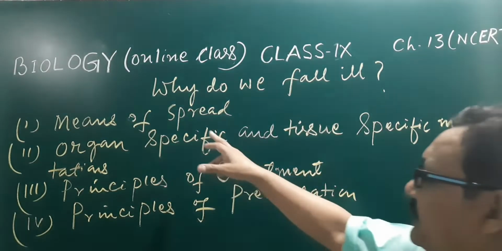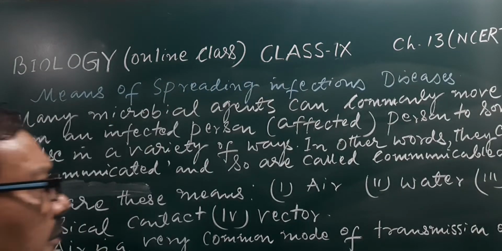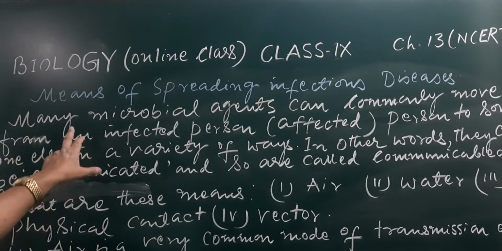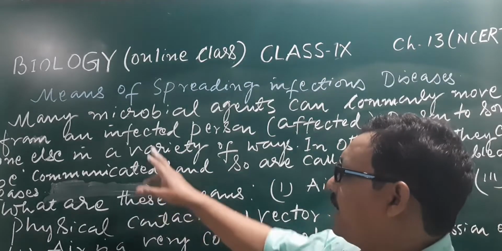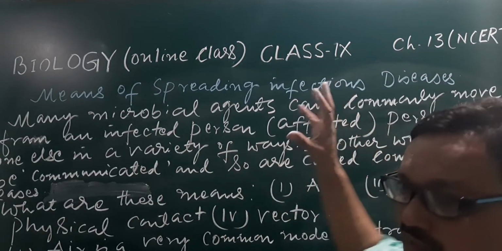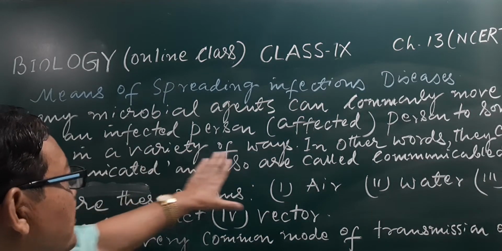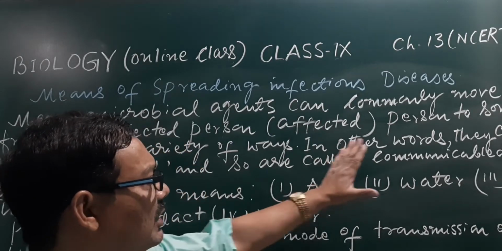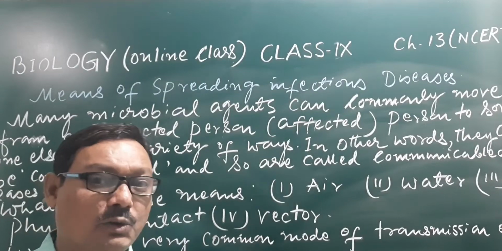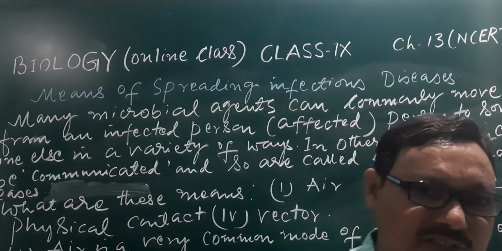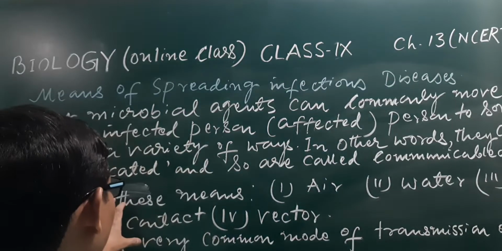Let us see the first one, means of spread. Many microbial agents can commonly move from an infected person, that means the affected person, to someone else in a variety of ways. In other words, they can be communicated, and so this type of disease may be called a communicable disease.